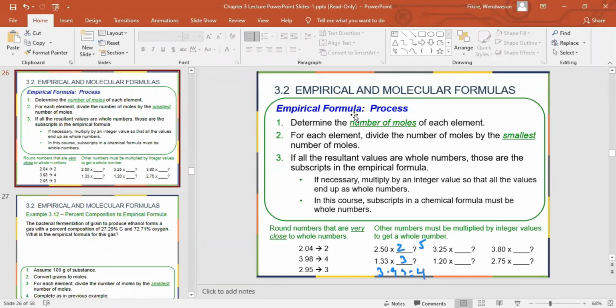I get 2.66. Do you see that? The only numbers that you can round are like 2.04, that can be 2, 3.98, that can be 4, 2.95, that can be 3. But 2.66 wouldn't that remain 2.7 and you still couldn't round it up?